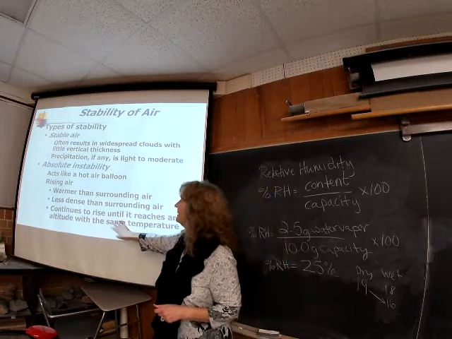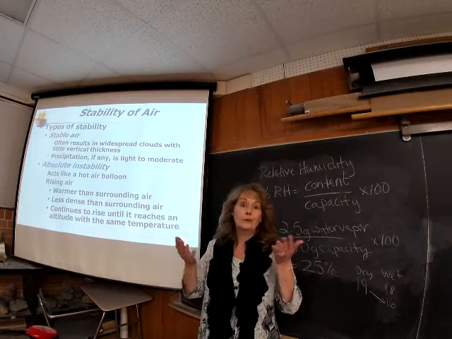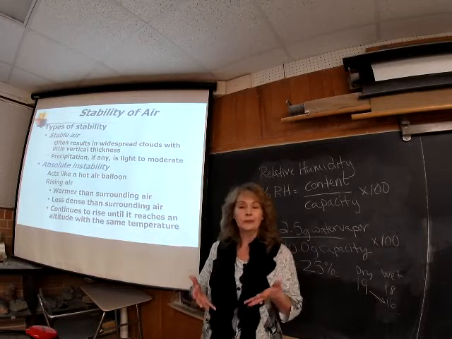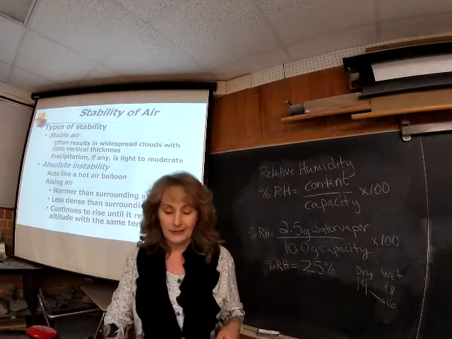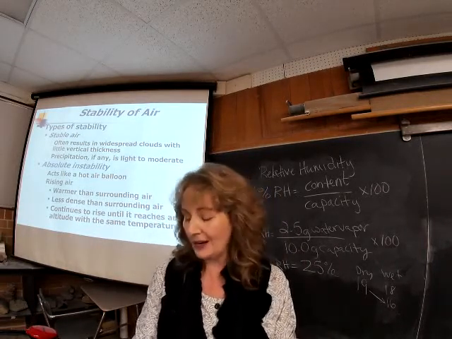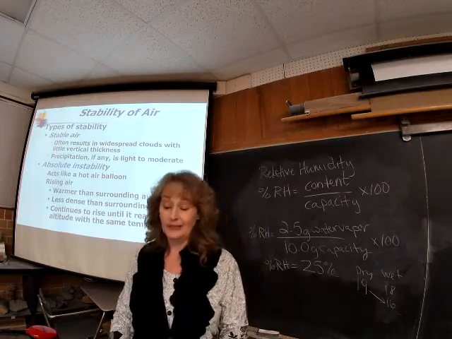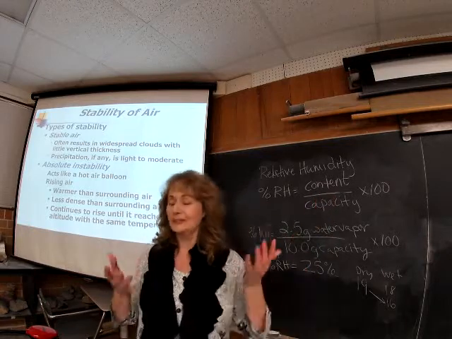It continues to rise until it hits an altitude with the same temperature, and then it would become neutral, but it's always going to want to rise because it's warmer than the surrounding environment. So instability in the atmosphere occurs when the rising air is warmer than the surrounding air. Just like a hot air balloon, it's just going to want to keep rising.